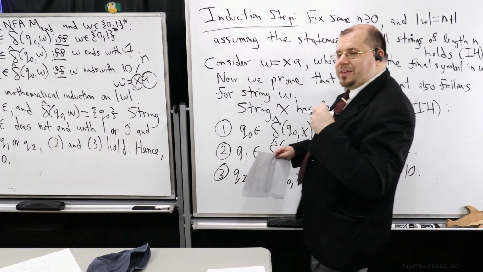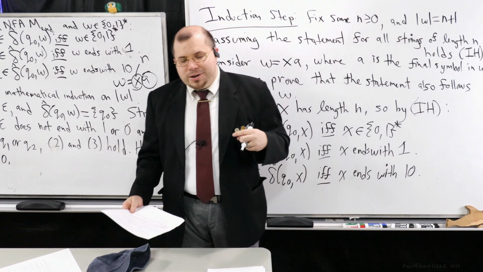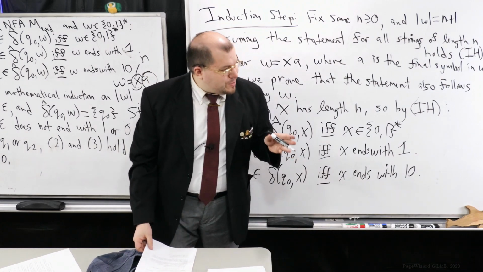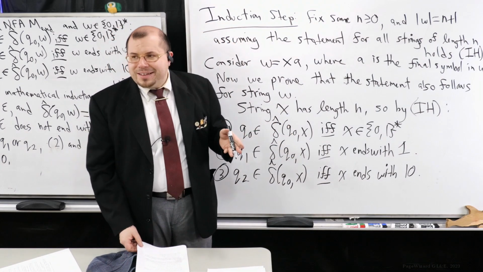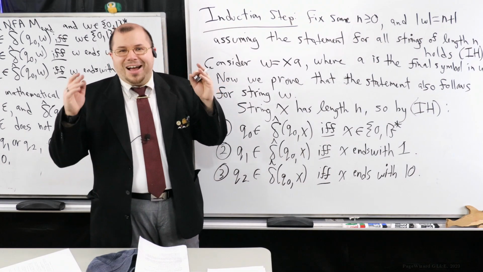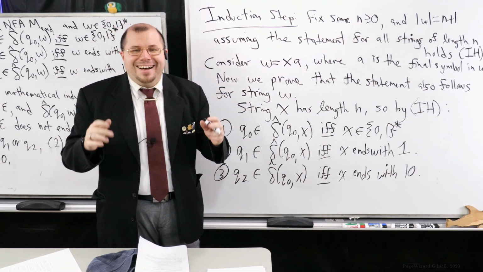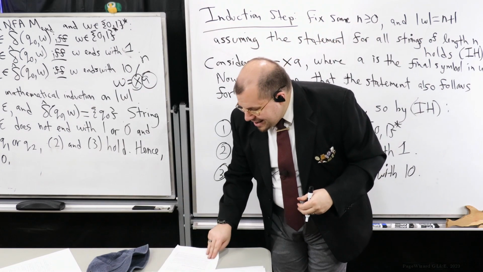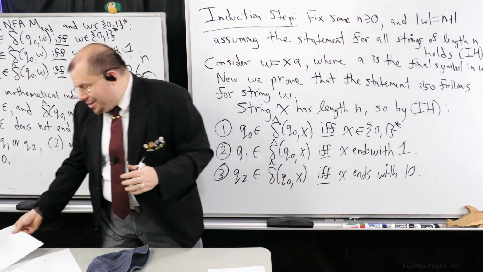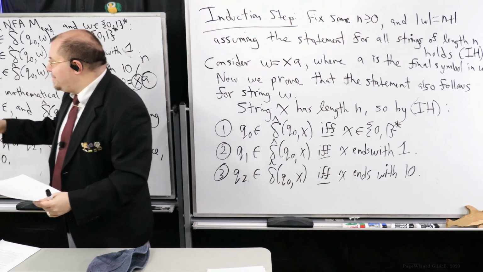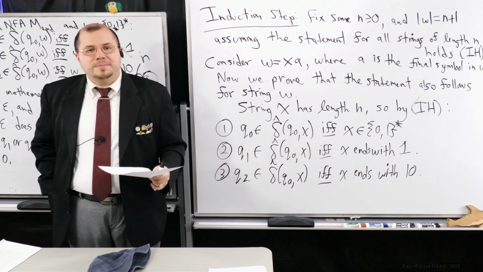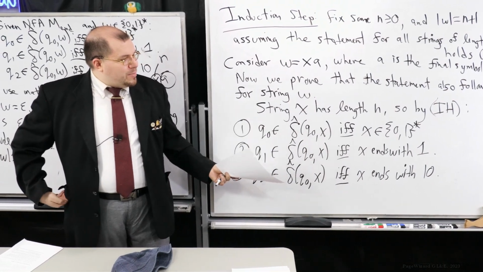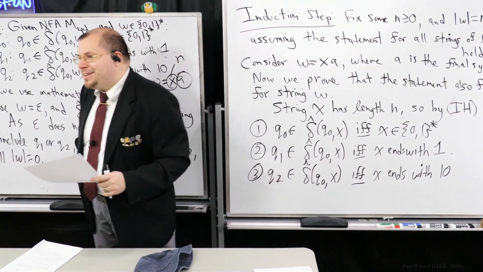So now we have this with x. We're going to try doing something similar to what we did with our DFAs. I'm going to keep the NFA on the board, but I need you to remember these invariants because we're going to use them.